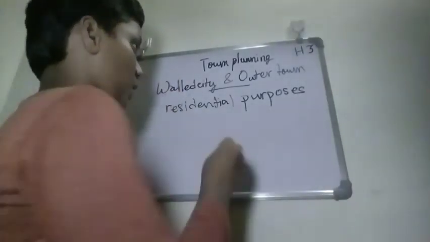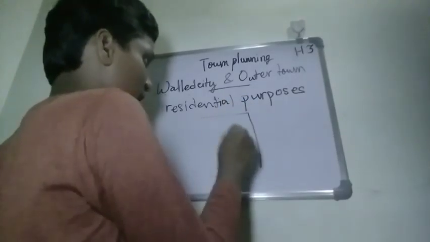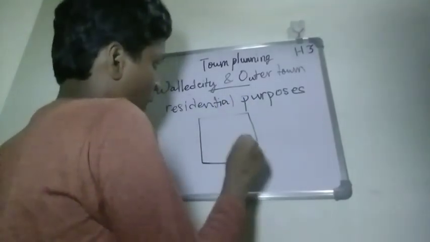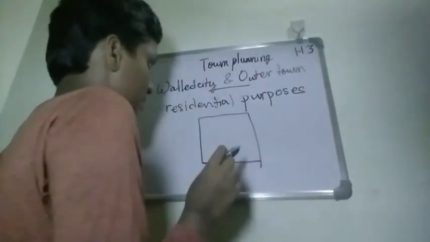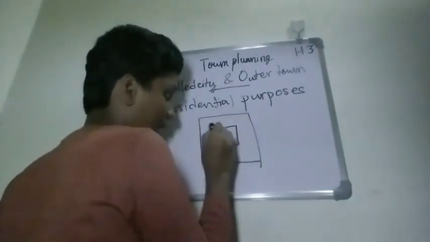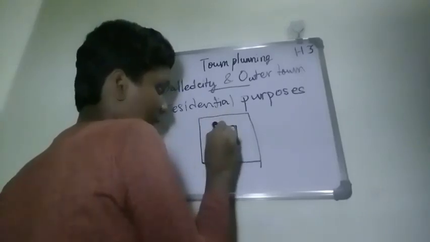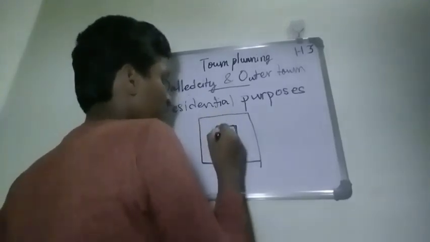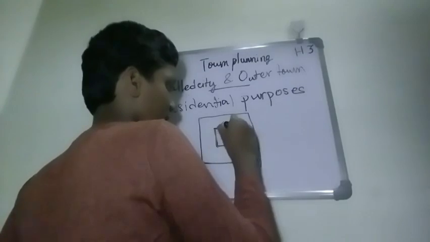So how were the houses? For example, if this is a house, the top view, and if we cut inside, we would see that there is a central courtyard. Here would be a great hall, and the roof will be absent in this area.